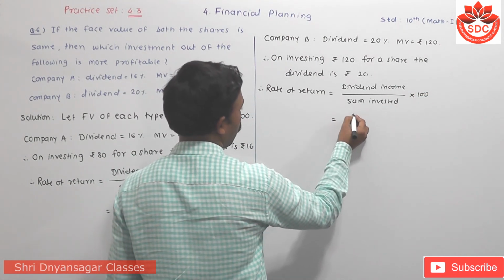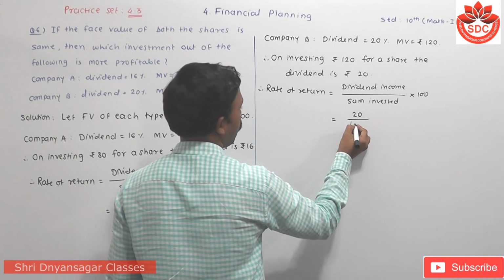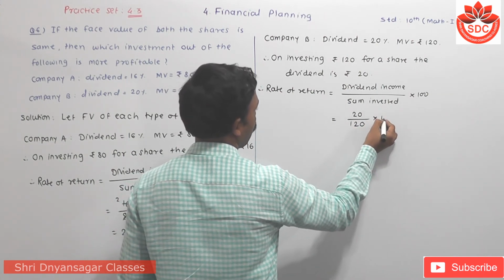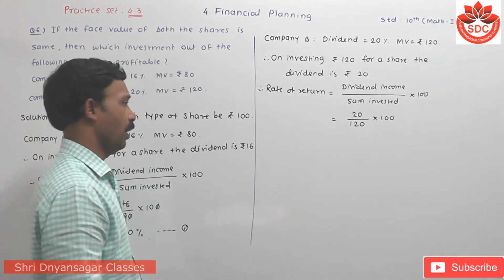Dividend income is 20 rupees upon sum invested is 120 into 100.